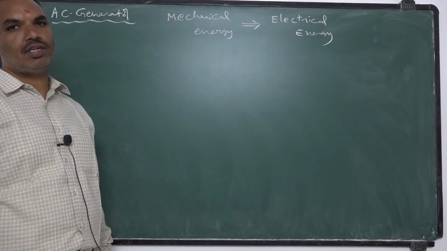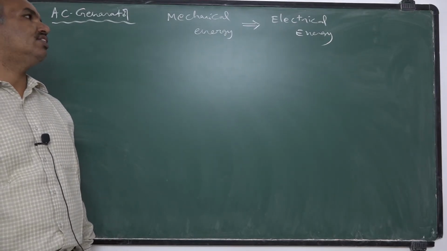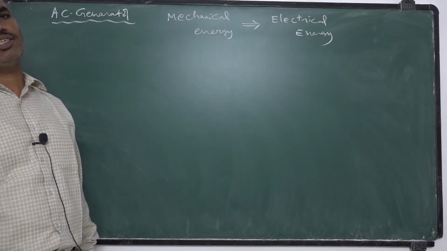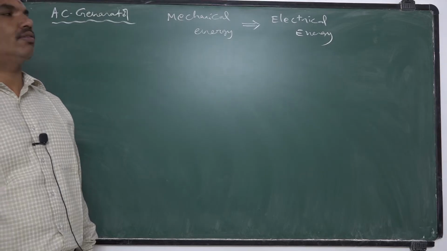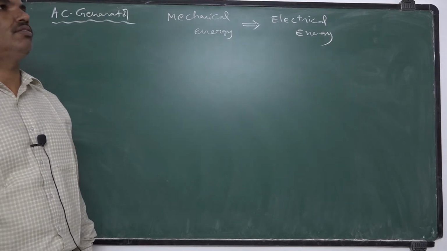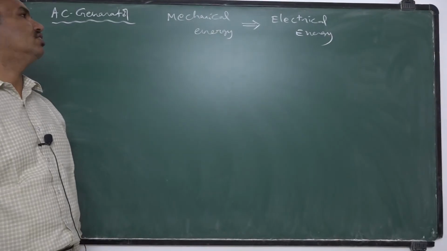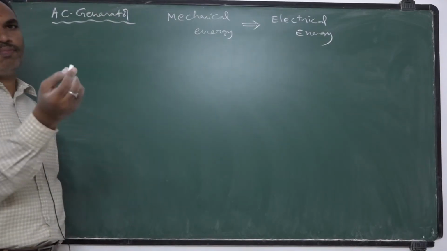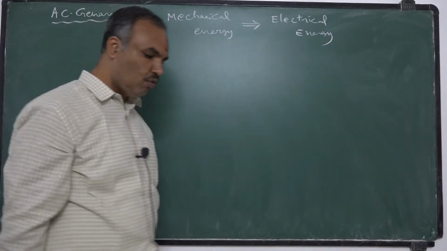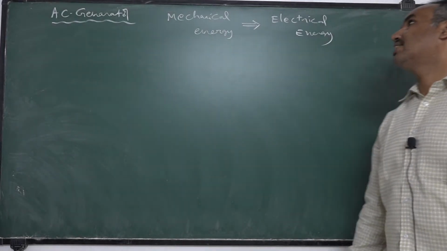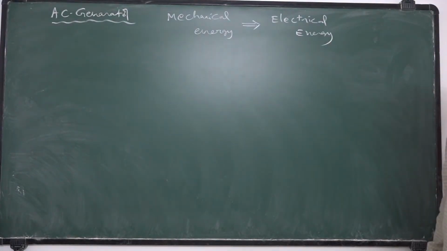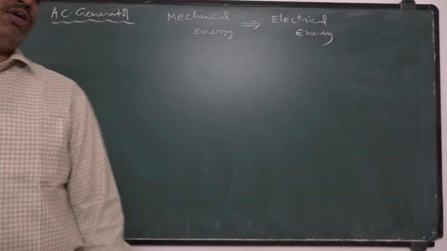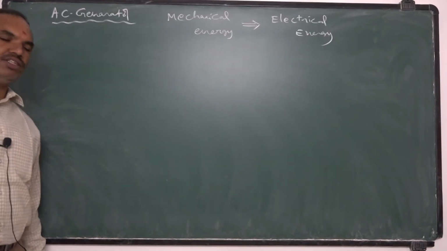The potential energy of the stored water is converted into kinetic energy of the moving water. This moving water's energy is utilized in rotating the turbine. The turbine has an AC generator. That kinetic energy of the flowing water is converted into electrical energy in the form of AC. So, in hydraulic power plants, the mechanical energy of the moving water is converted into electrical energy.